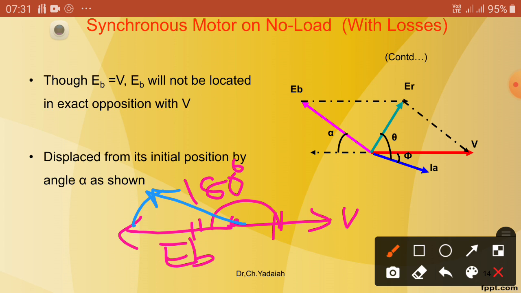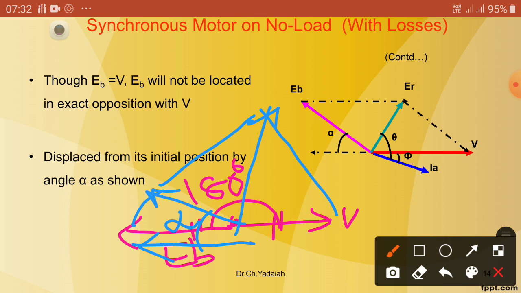Now, from this angle to this angle, some angle alpha is raised in the clockwise direction by EB. Now, you can see what has happened. There is a resultant value of EB and V.